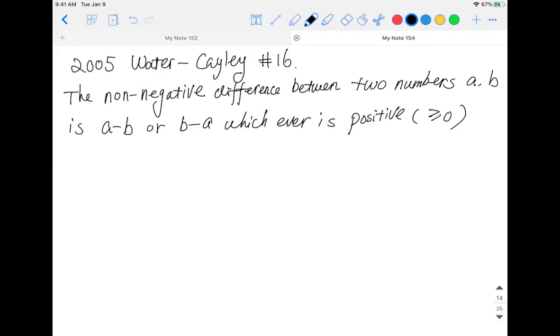So we define this as the non-negative difference. Whichever of A minus B or B minus A, just take the positive one. That's it.